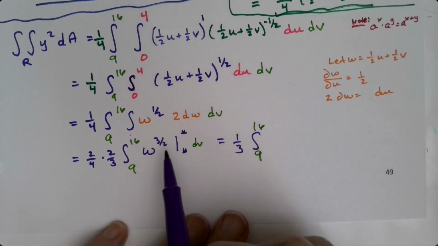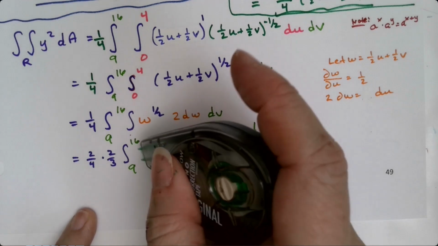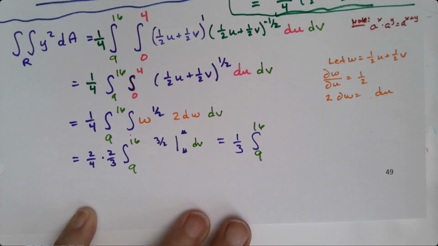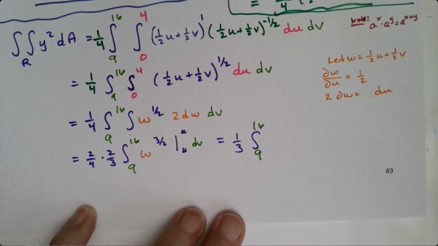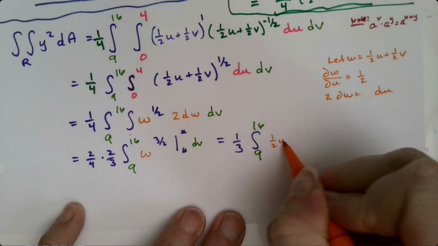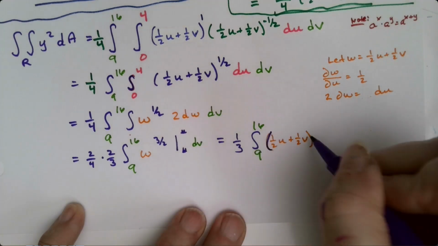And then I have w, which was 1/2 u plus 1/2 v. I'll make that orange just to make that clear. So it's going to be 1/2 u plus 1/2 v back in to the 3/2.